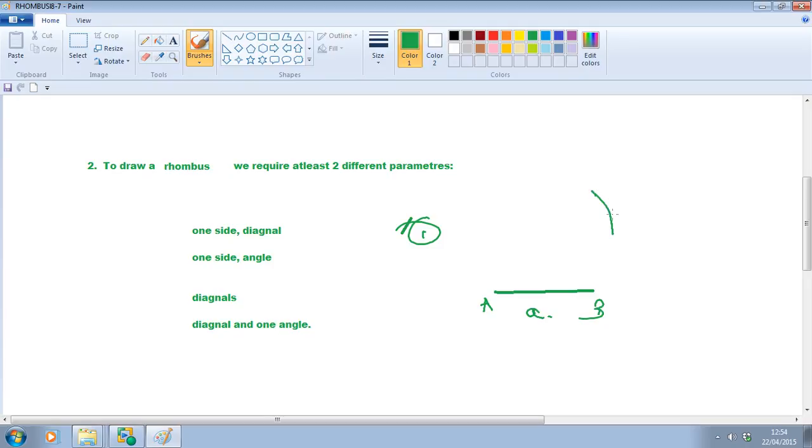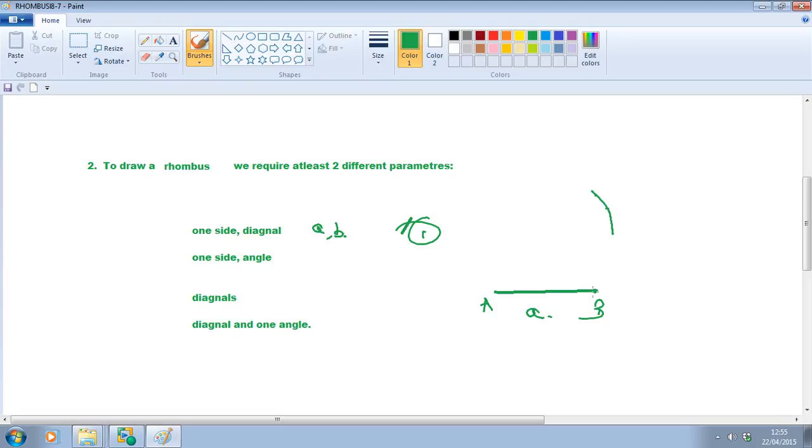The diagonal is AC, so we know AC is equal to B. Next, what is the distance between B and C? We know this is one side of the rhombus, so this also is equal to A.